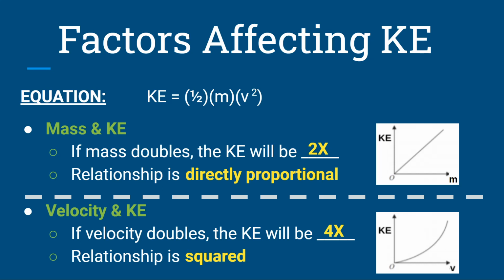This is a squared relationship, and you get a graph that looks like a curve because it's exponential. As you increase velocity, your kinetic energy increases by a squared factor because of the equation at the top. So again, be able to answer questions involving proportional reasoning, or what those relationships would look like on a graph.